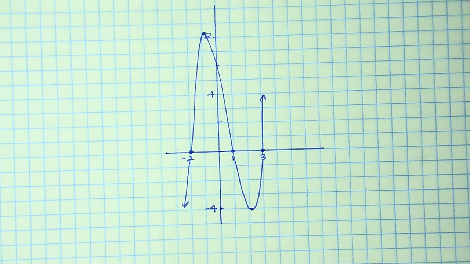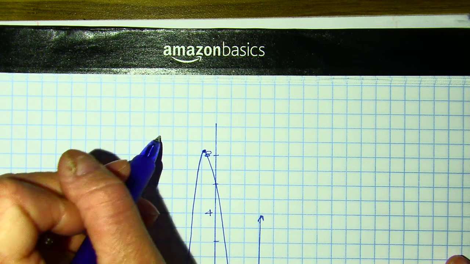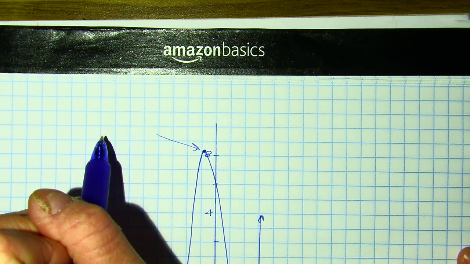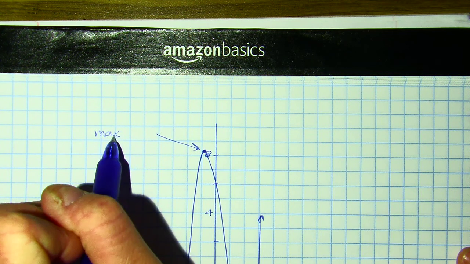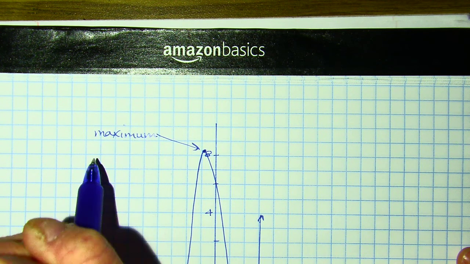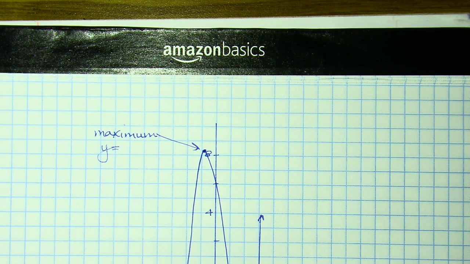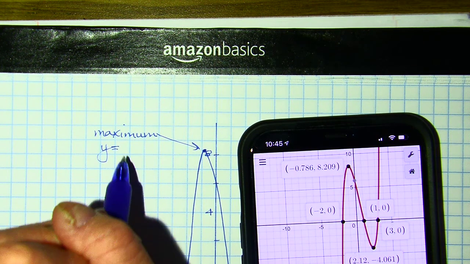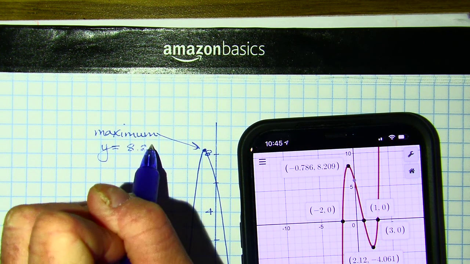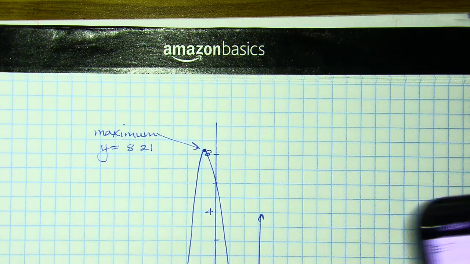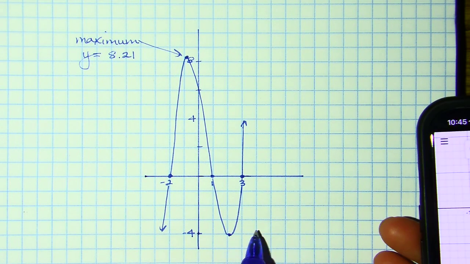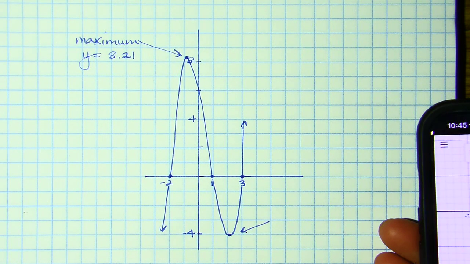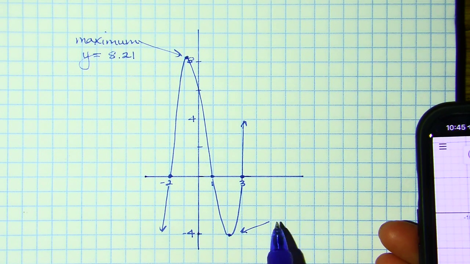Beautiful, beautiful. Now, we call the tops our peaks. This is a maximum. And according to Desmos, that was 8.209. I'm going to round to 8.21. And I would call any points that are like valleys, or the bottom, a minimum.